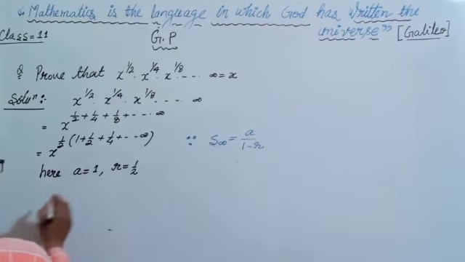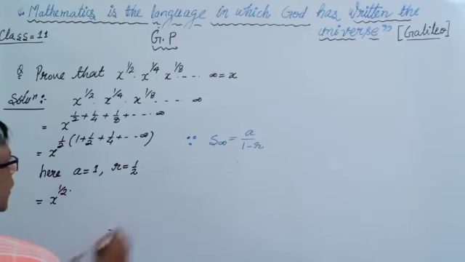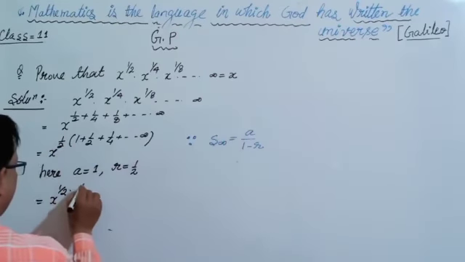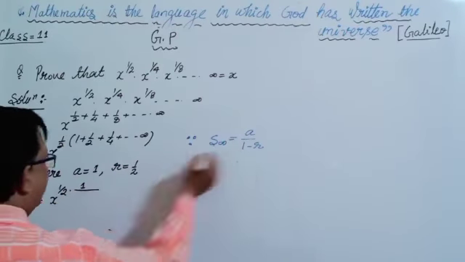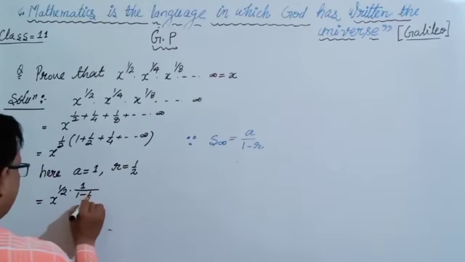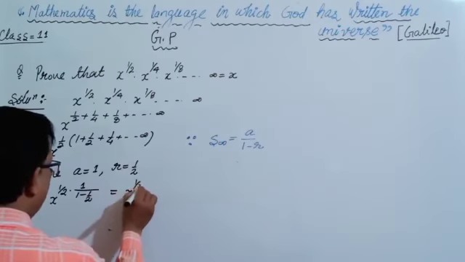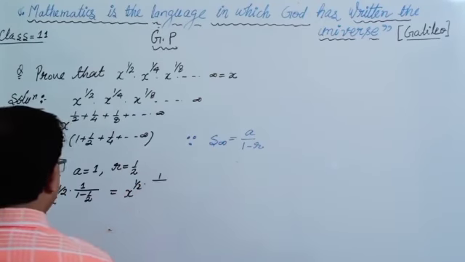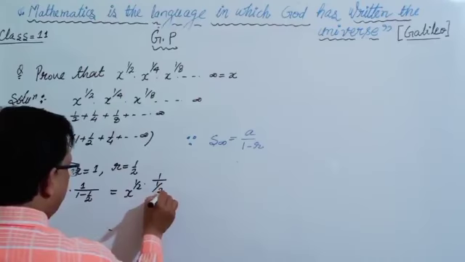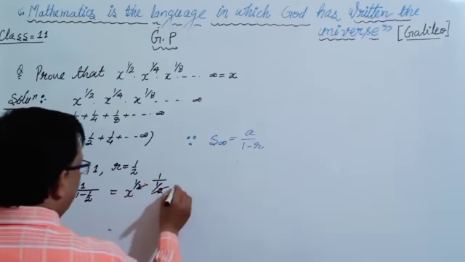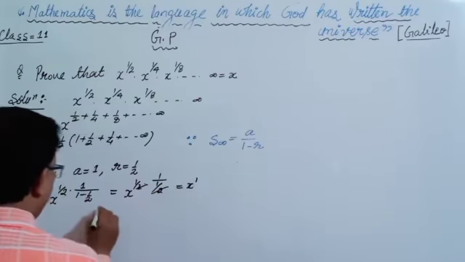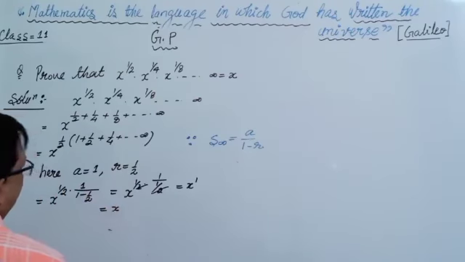Now we substitute the value. So this is x to power 1 by 2. In place of A we write 1, and 1 minus R means 1 minus 1 by 2. So this is x to power 1 by 2, and here 1 upon 1 by 2. So 2 cancels out. This is x to power 1 and the final answer is x.